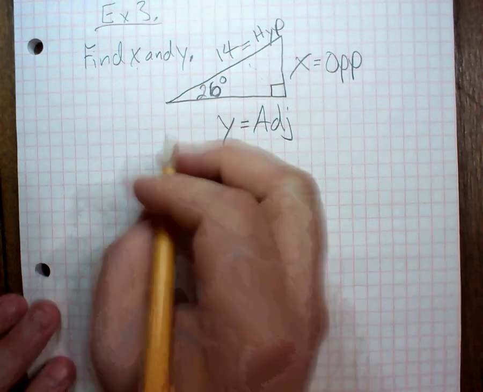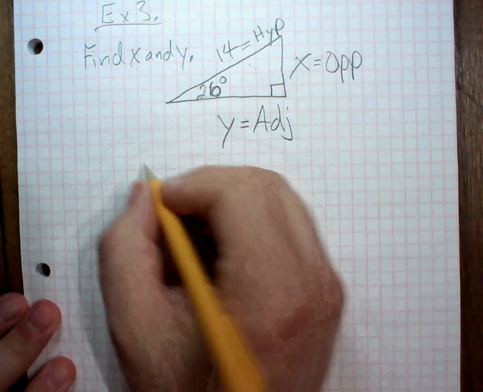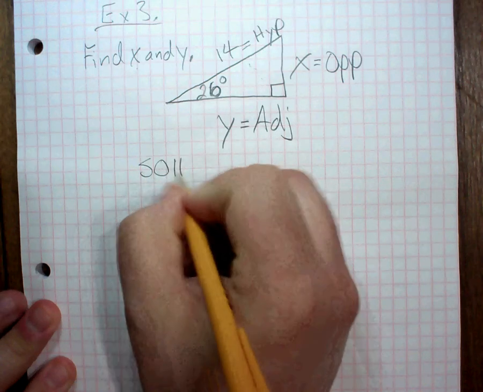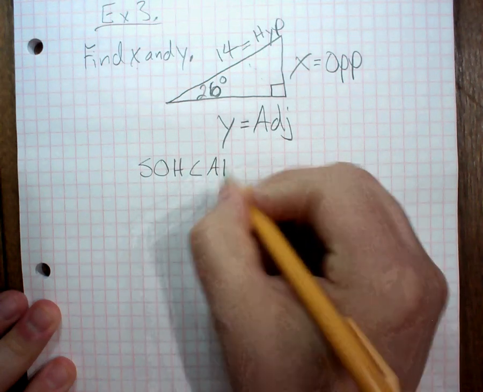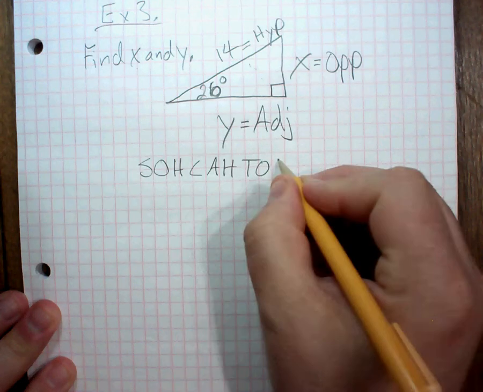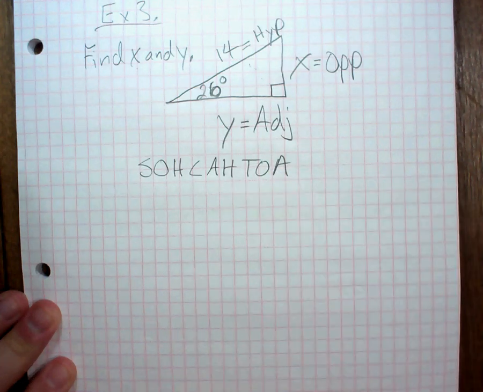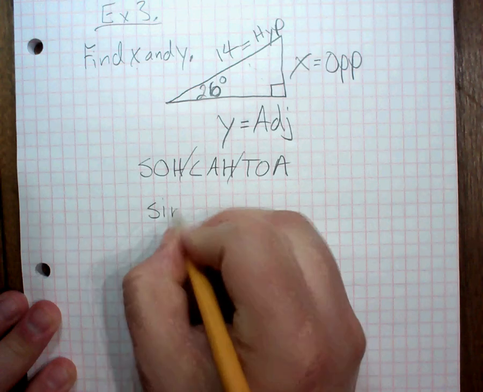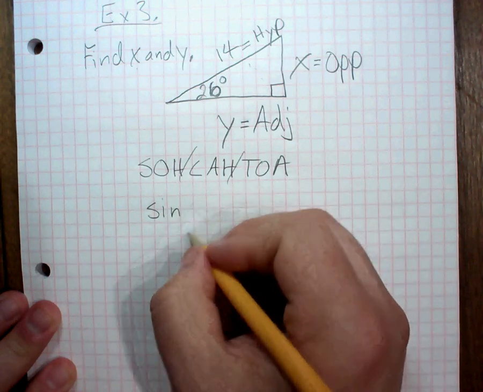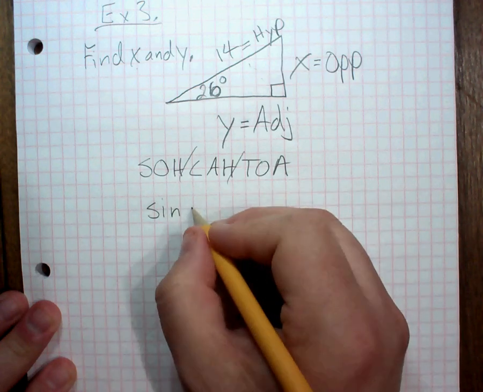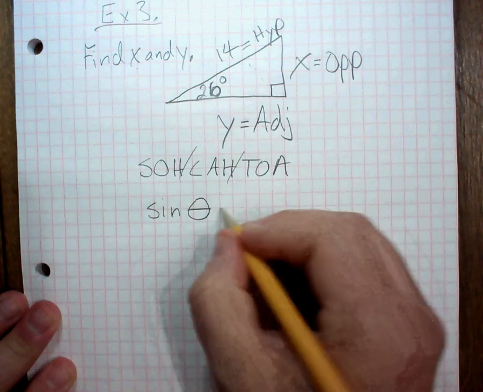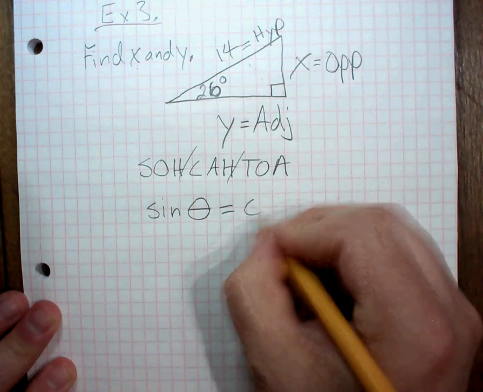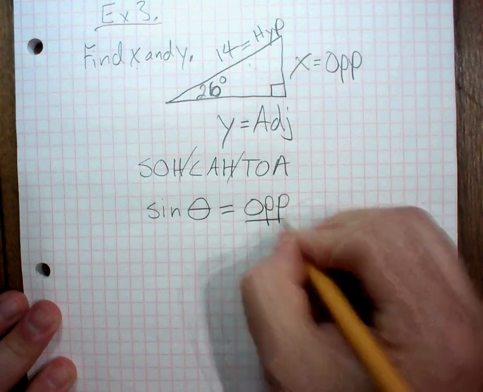Now, one thing that we talked about before, and I just want to remind you guys, is Sohcahtoa is the mnemonic device that helps us remember the 3 basic trigonometric functions. So Sohcahtoa means that sine of an angle, we'll just call it theta for today, is equal to the opposite over the hypotenuse.